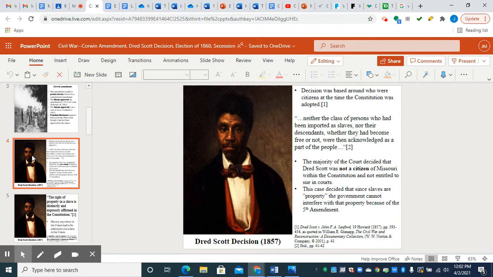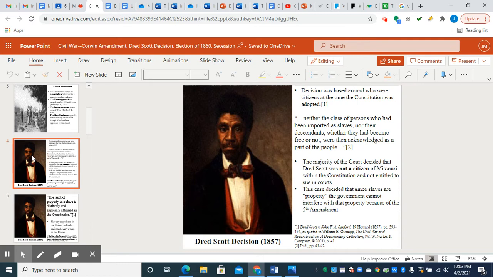Now, if someone dies normally, that means their property transfers ownership to what's called their next of kin, meaning their next closest family member or their heir, like if someone dies and their house gets left to their children. But here's one of the complicating factors.